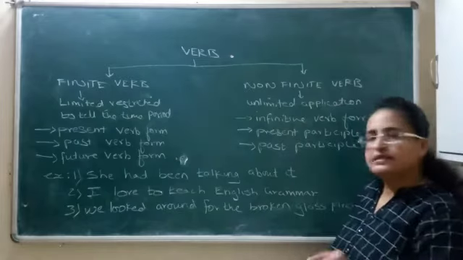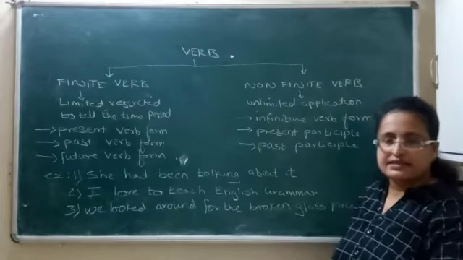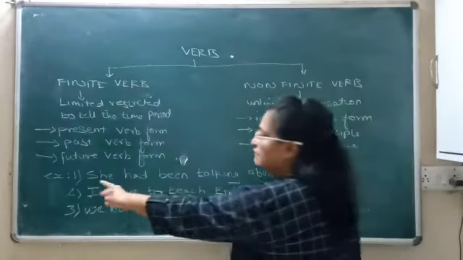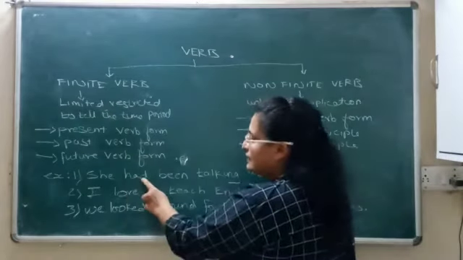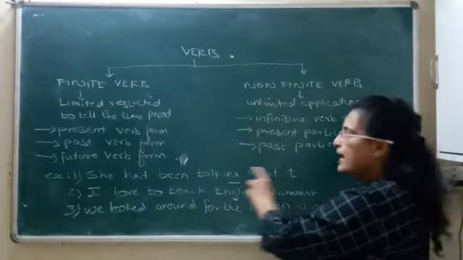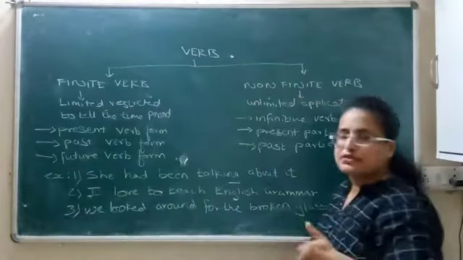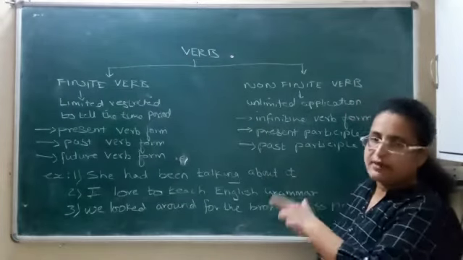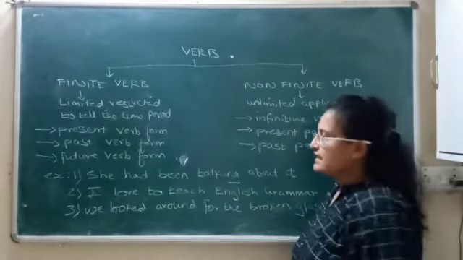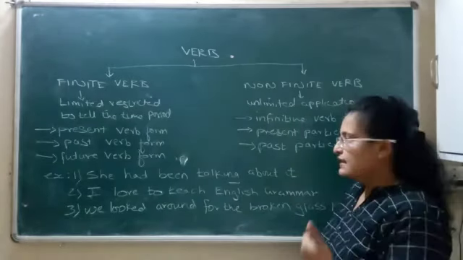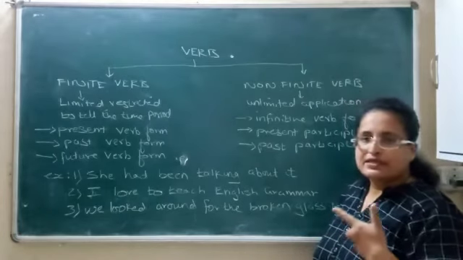So what you have to do is, whenever a sentence is given, always find out what the finite verb is. See in example 1, the finite verb is had. So predicate begins from had been talking about, and subject is she. So these two topics you can cover just by learning what is finite verb and non-finite verb. If you see the second sentence, what would be the subject and predicate? I told you predicate begins always with a finite verb.